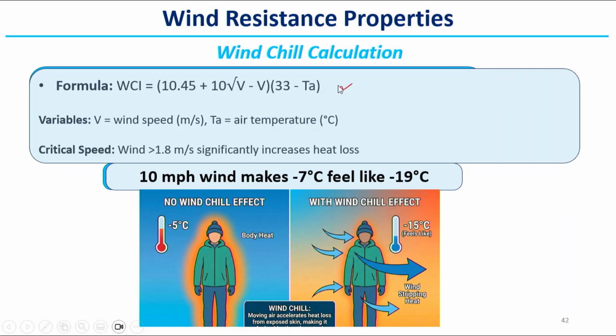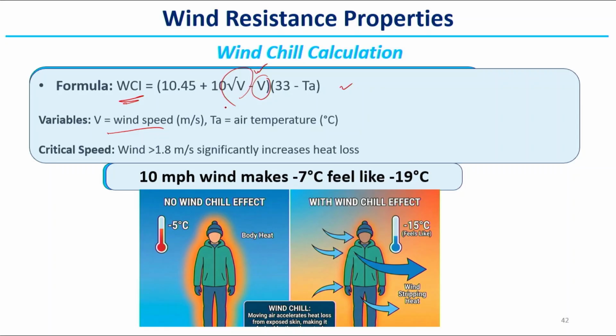This is basically an empirical equation, where V is the wind speed, with a term of 10 times the square root of V minus V. Now, if we increase the velocity, the wind chill index will change, and depending on the temperature, whether it will increase or decrease also depends on the speed in meters per second.